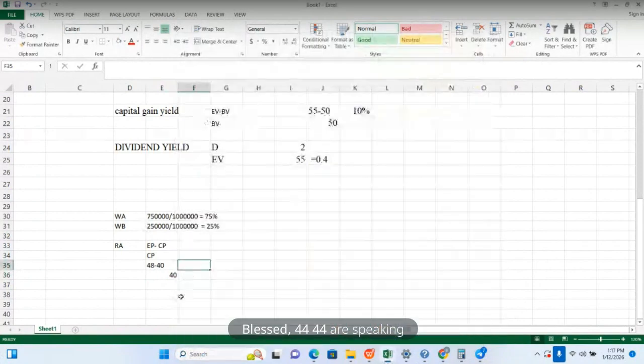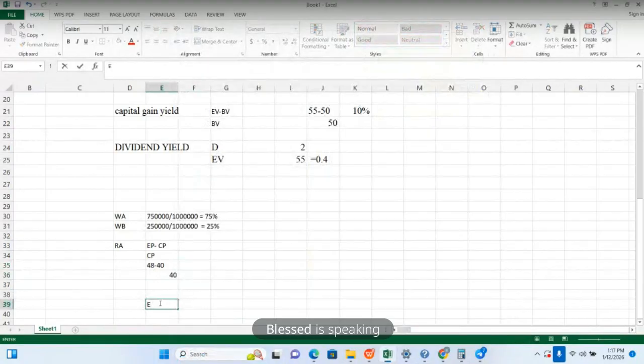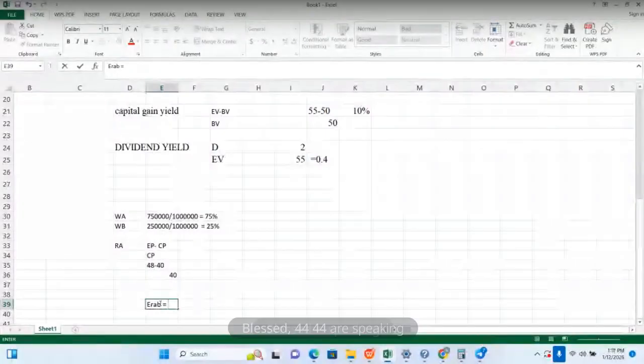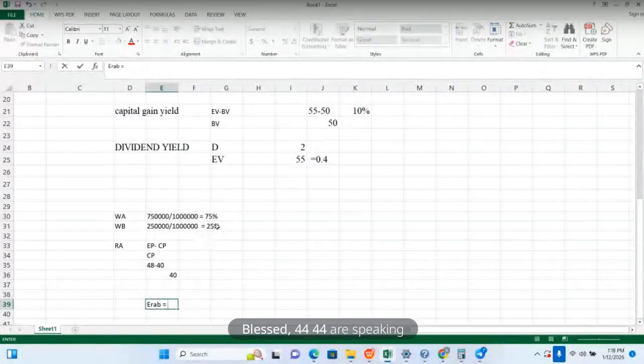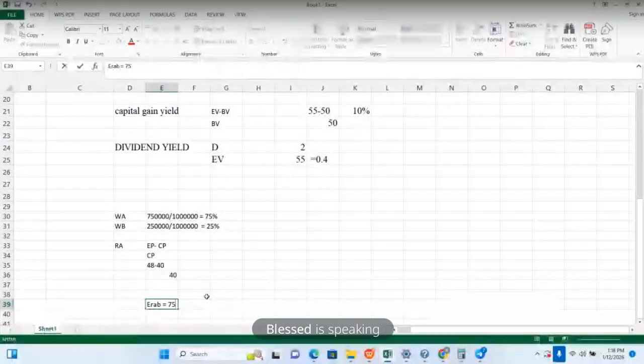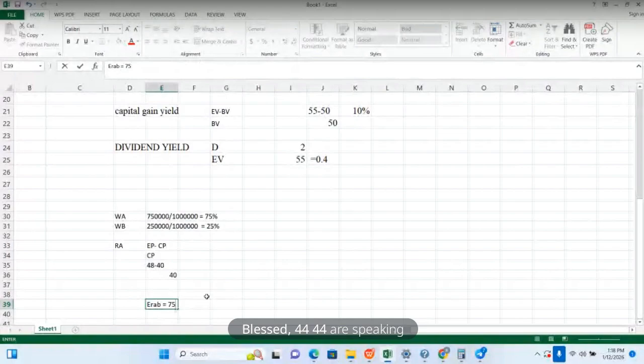So now you just say that our expected return for asset A and B will be equal to... I will just do the first leg. So you go and do the second leg yourself. Our WA is 75%. Then you say 75. Then our RA is 20. So you say 20.